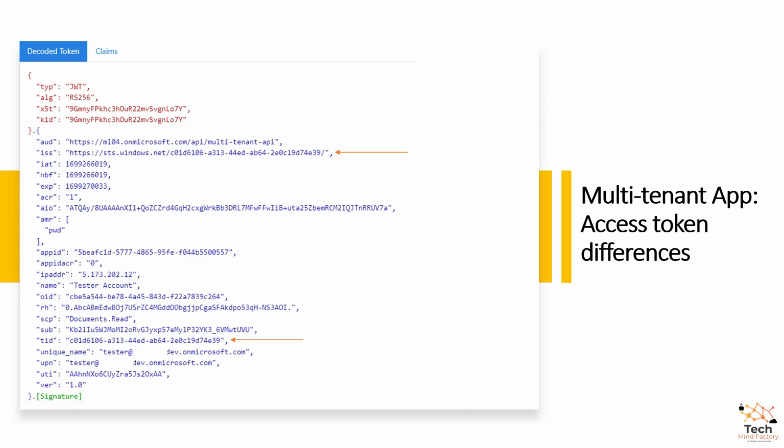We create an app registration, we mark the application as a multi-tenant application that can be used by users from other Entra ID tenants. And once service principals are provisioned for those multi-tenant applications in those users' tenants, users can authenticate and an access token will be returned, and in the access token under the issuer and TID claims we will see this user's home tenant ID.